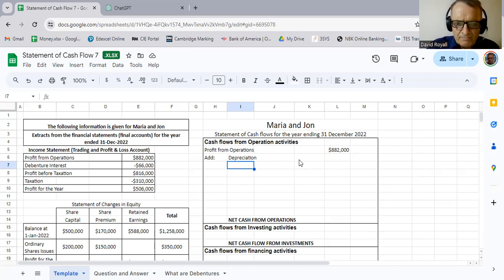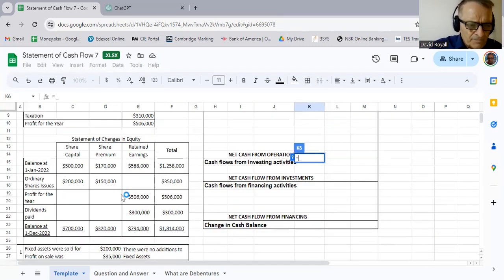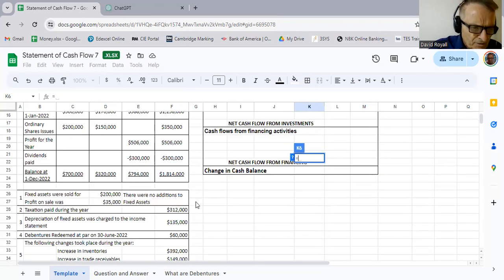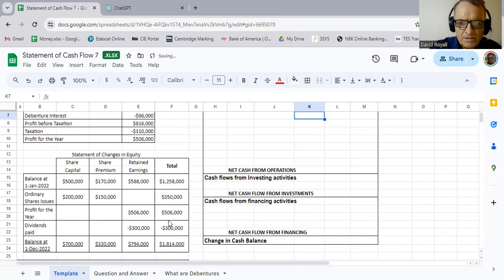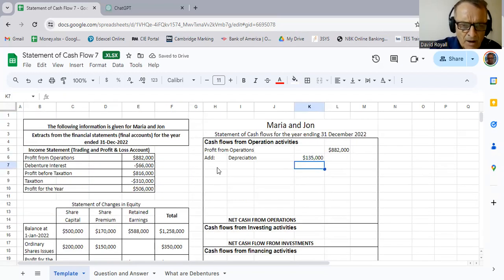So where is it, you ask? Let's go look for it. If you read your data carefully, you can very quickly find it here. It says depreciation of fixed assets was charged to the income statement. That's really very clear. So we can add that back in.